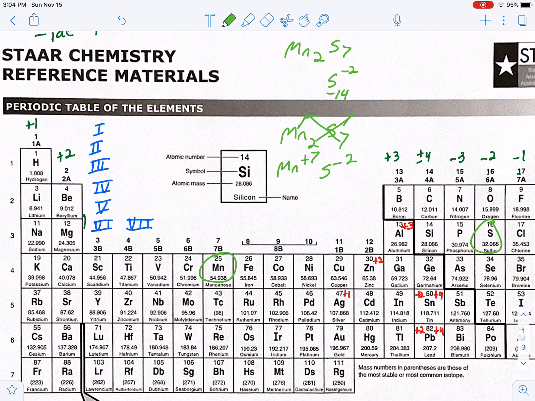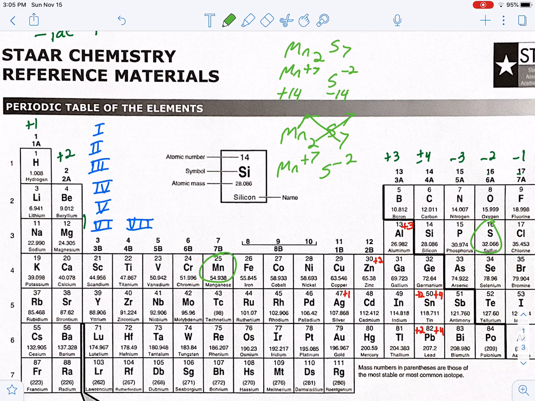So my manganese has to reach +14. I only have 2 of them, so 14 divided by 2 is going to give me 7. Each manganese is going to have a charge of +7. So there's 2 ways to do that, whichever way works for you. That's how we split it up.